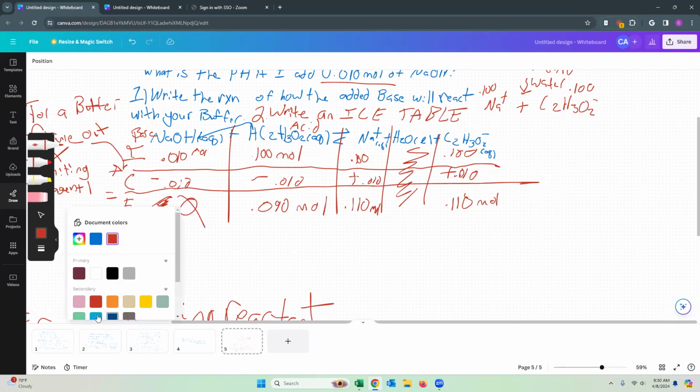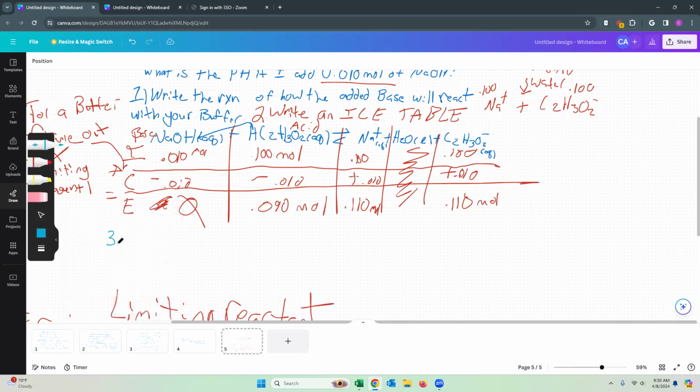Step 3, this blue looks nice. We can use the Henderson-Hasselbalch equation. pH equals pKa plus log of base divided by acid.